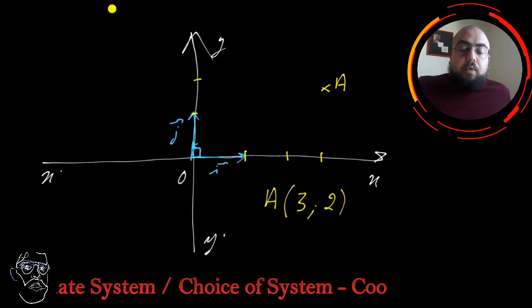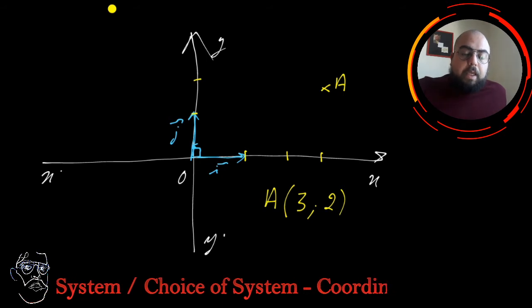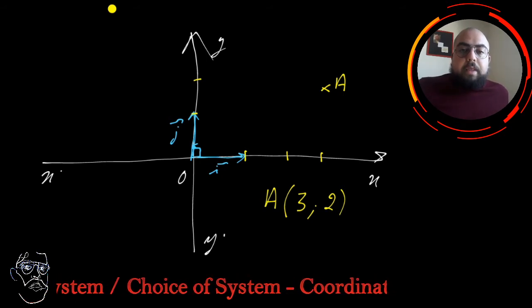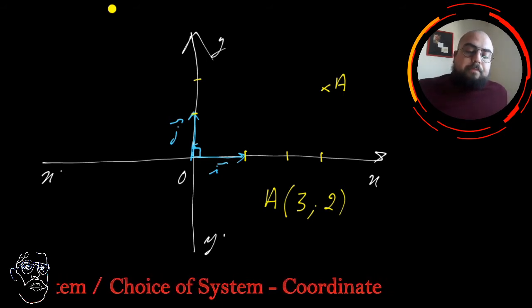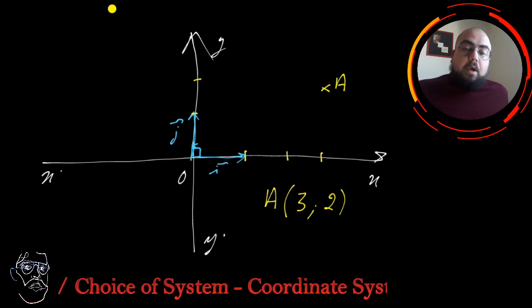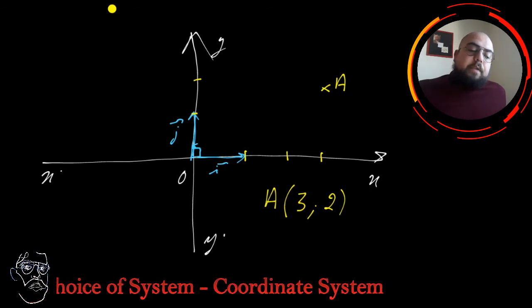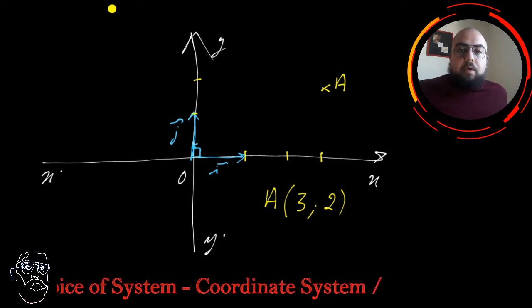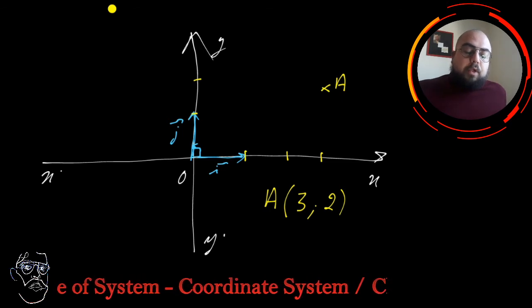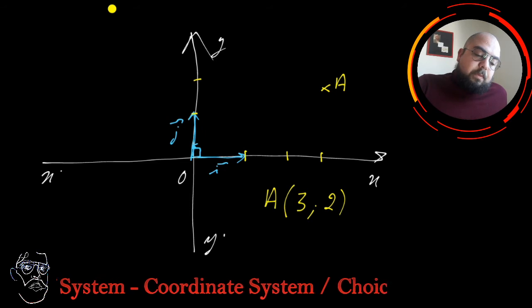So this is how you can write the position of point A in your coordinate system. 3 represents the units on the axis of abscissa. As for 2, the units on the axis of ordinates. So 3, 2.